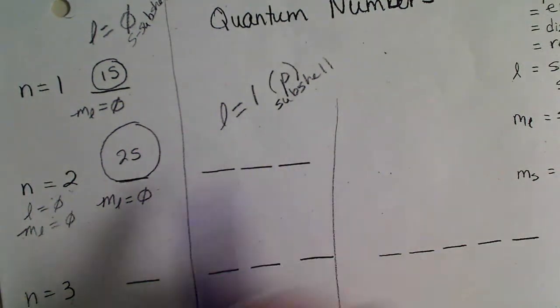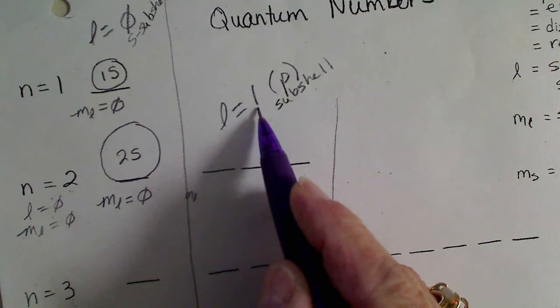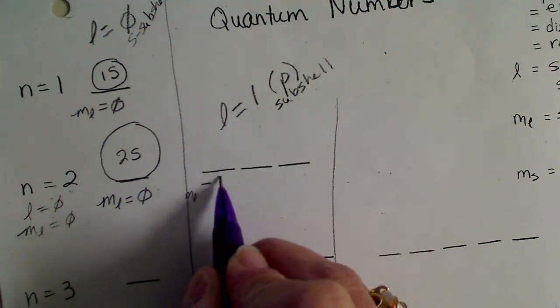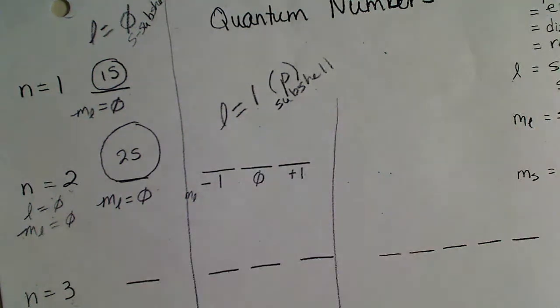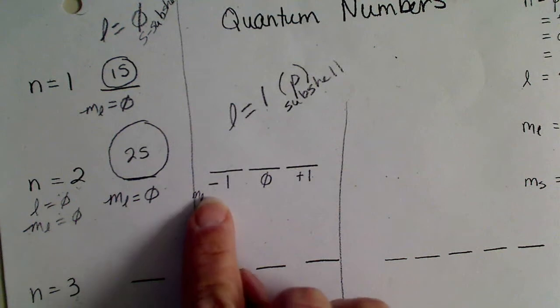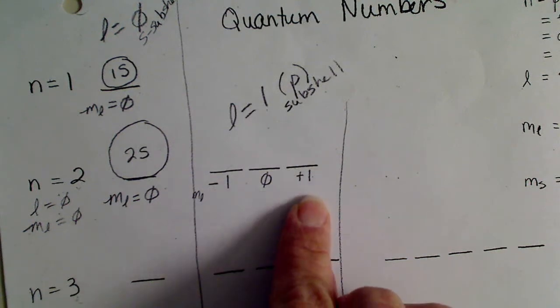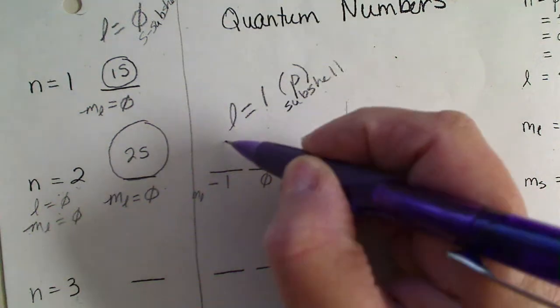So here's where m sub L is going to vary between negative L and positive L. So if we put negative 1 here and 0 and positive 1 here, and again, this is arbitrary, we could start with the positive 1 and the 0 and the negative 1. But this represents the three specific p orbitals.